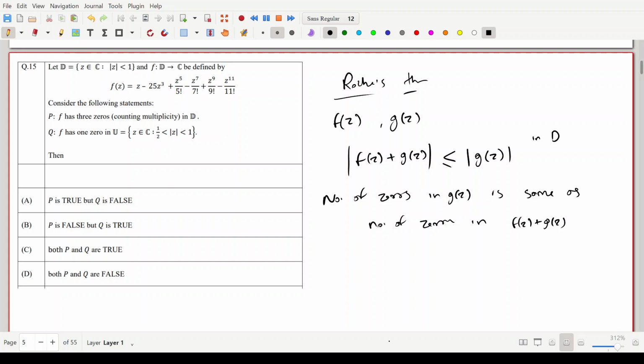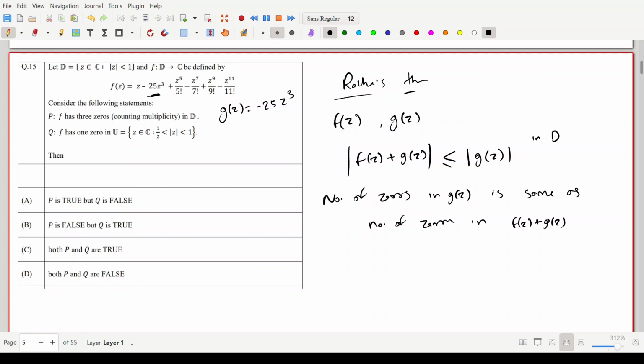Now look at this, how we are going to apply this theorem here, Rouche's theorem. I'm having this as the function. What I'm thinking is to consider this guy as my g of z. So what is my g of z here? It is, say, minus 25 z cube, or you just write 25 z cube, that is also okay. So this is your function.